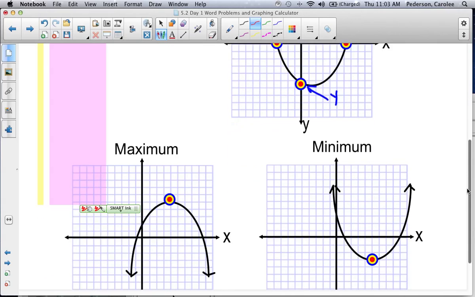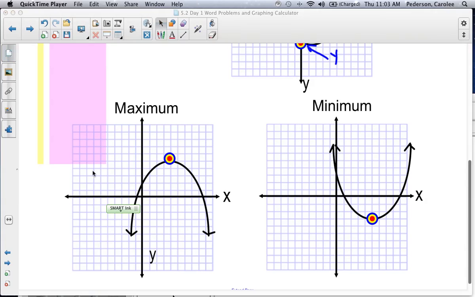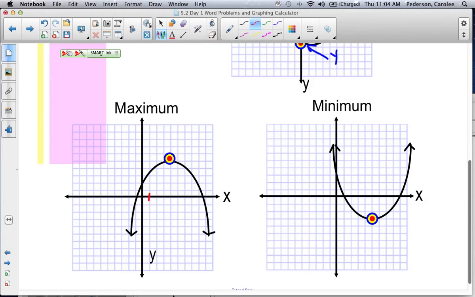The second thing we want to understand from this slide, again, don't write this information down in your notebook, is the maximum and minimum points of a parabola. The left example is an example of a maximum point. If we were to identify the maximum, we would go over 1, 2, 3, 4, and then up 1, 2, 3, 4, 5.